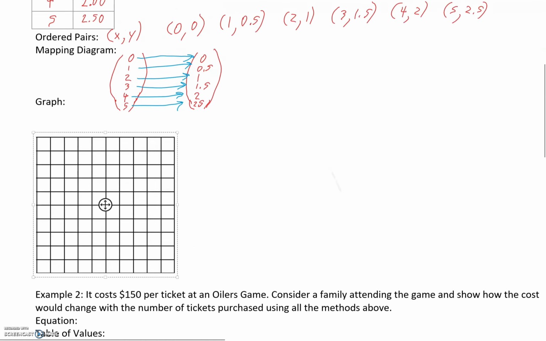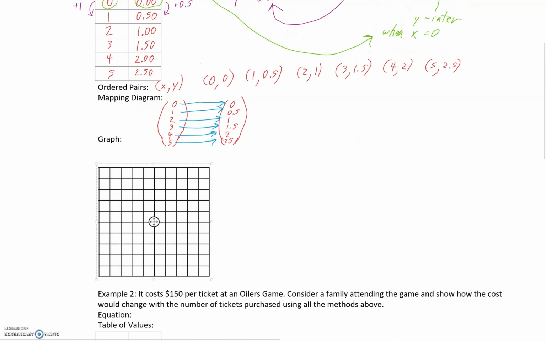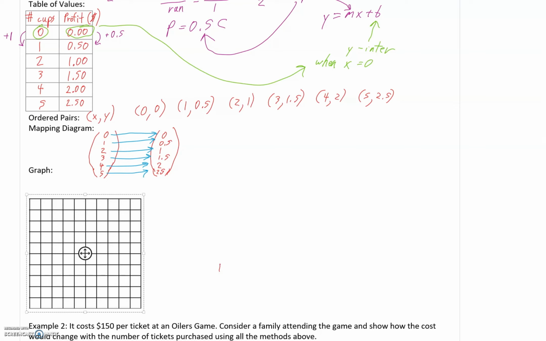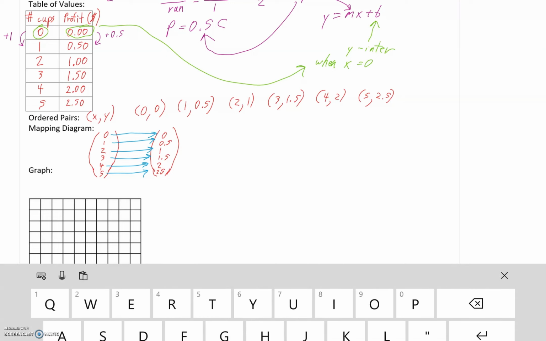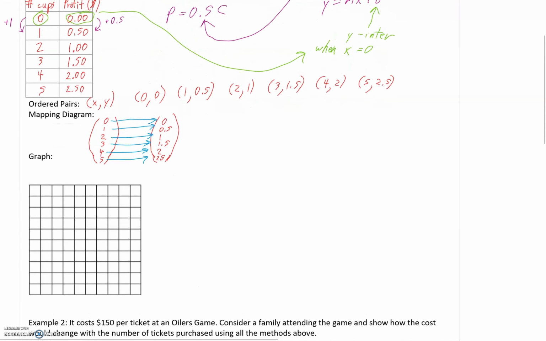Okay, let's make a graph of this data now. It's easiest if we look at the table of values to help us with the graph. Okay, so actually I'm going to give a little bit more room down here as well. Okay, so we have the profit in dollars.